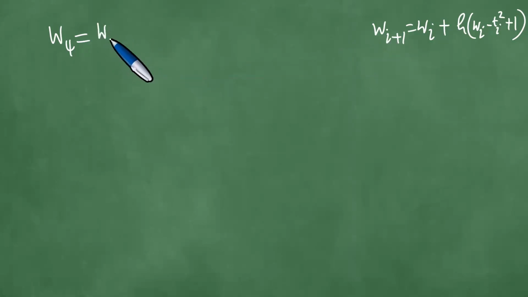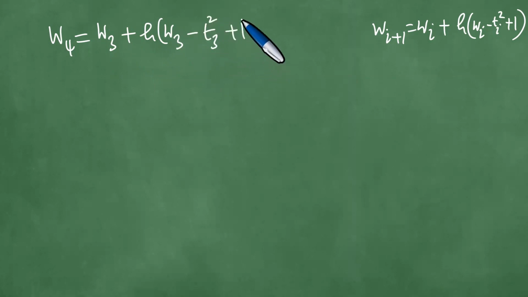So this one is W3 plus H, and then this one is W3 minus T3 squared plus 1. Now let's analyze this carefully and see what this is actually going to give us.